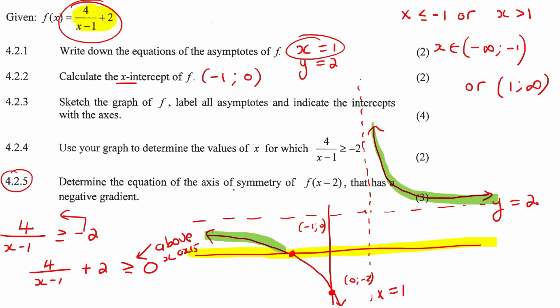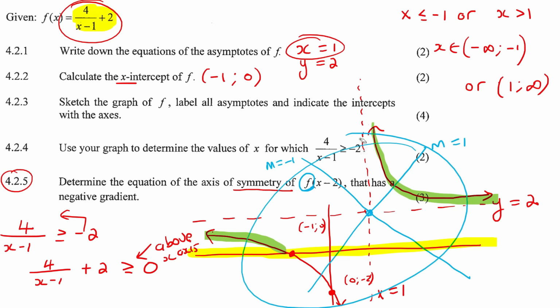Determine the equation of the axis of symmetry. Now, axes of symmetry are the lines that go through here, like that and like that. And we know that this one always has a gradient of 1, and this one always has a gradient of -1. Always. But now they say determine the axis of symmetry of the graph f, after the graph f has moved x minus 2.